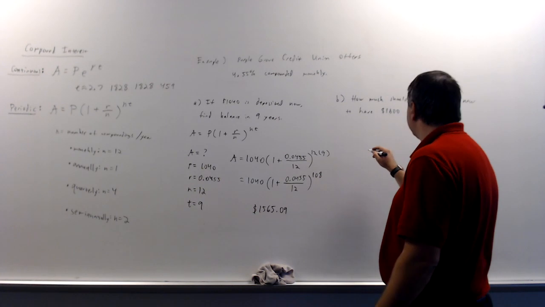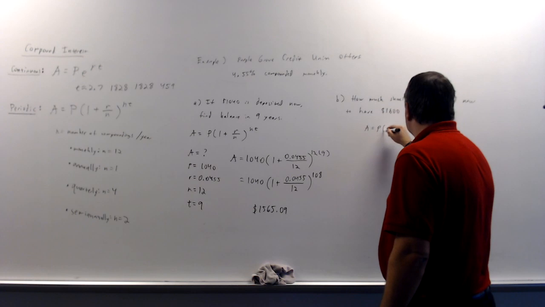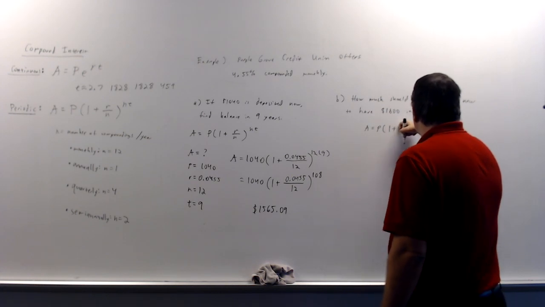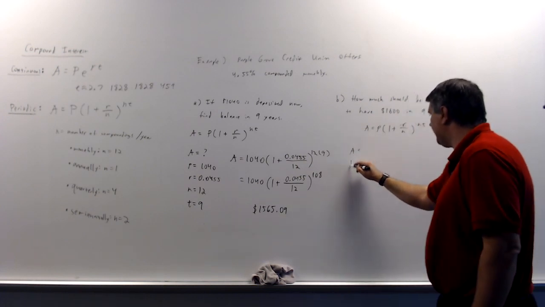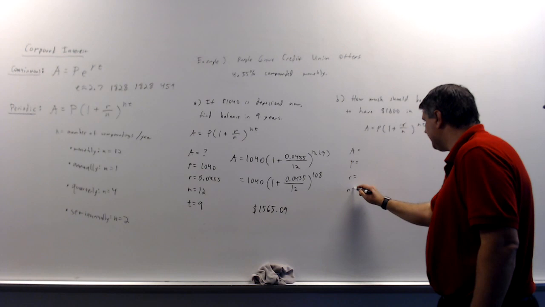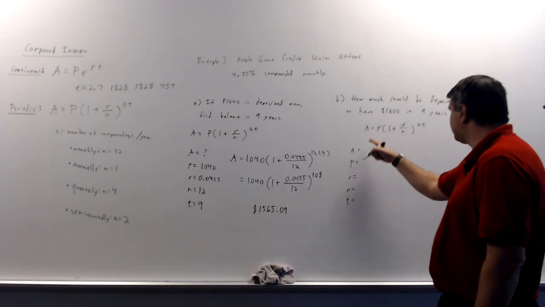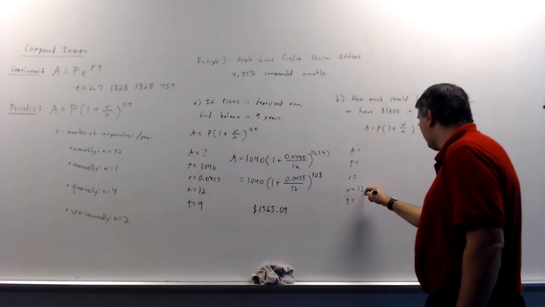Okay, unless given reason to assume otherwise, you will round to 2 decimal places to the nearest cent. Okay, so for this one, same formula. A equals, P equals, R equals, N equals, and T equals. The accumulated value is going to be 1,600. It's compounded monthly, so N will be 12 throughout this problem.